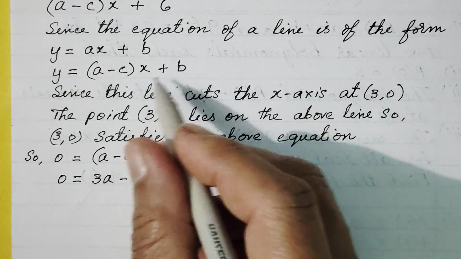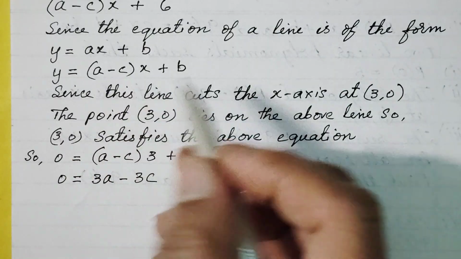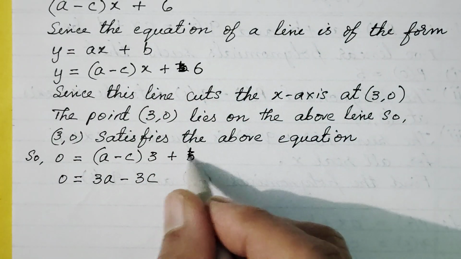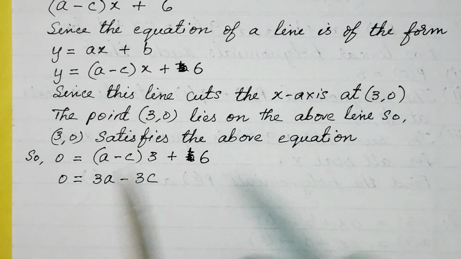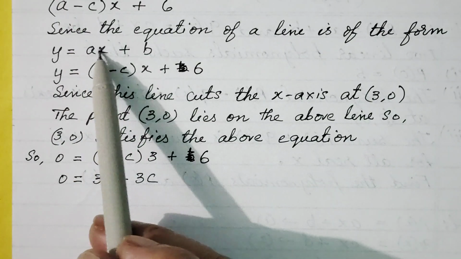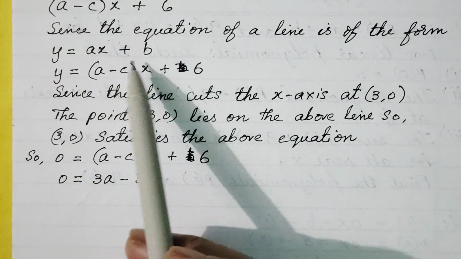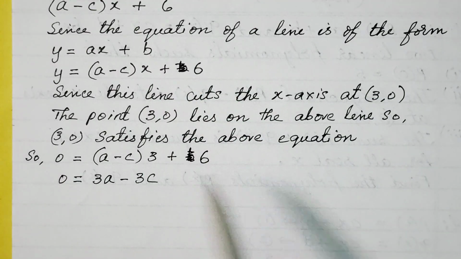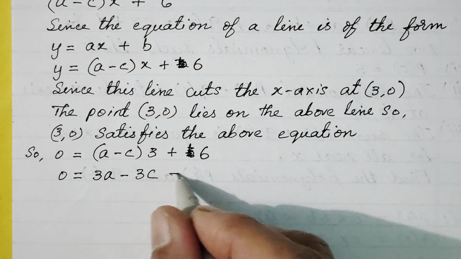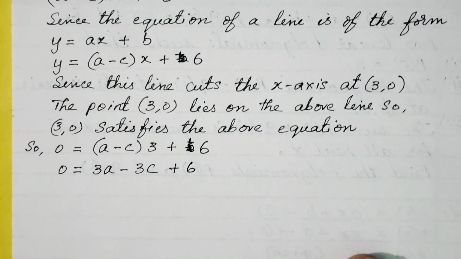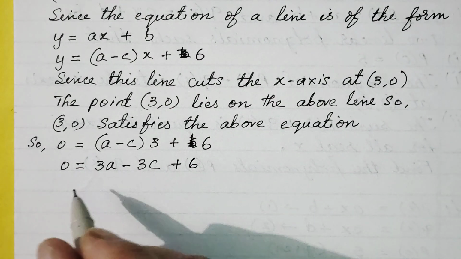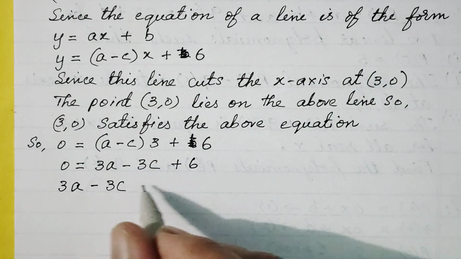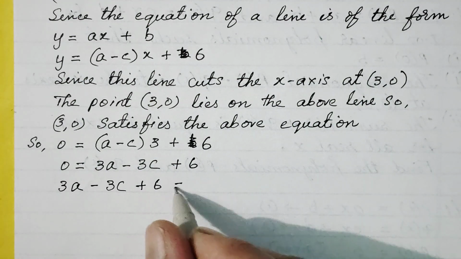Sorry, here instead of b it is 6. B's value is 6. When you compare these two, a value will be a minus c, b value is 6. So y is equal to a minus c x plus 6. So I can rewrite the equation as 3a minus 3c plus 6 equal to 0.